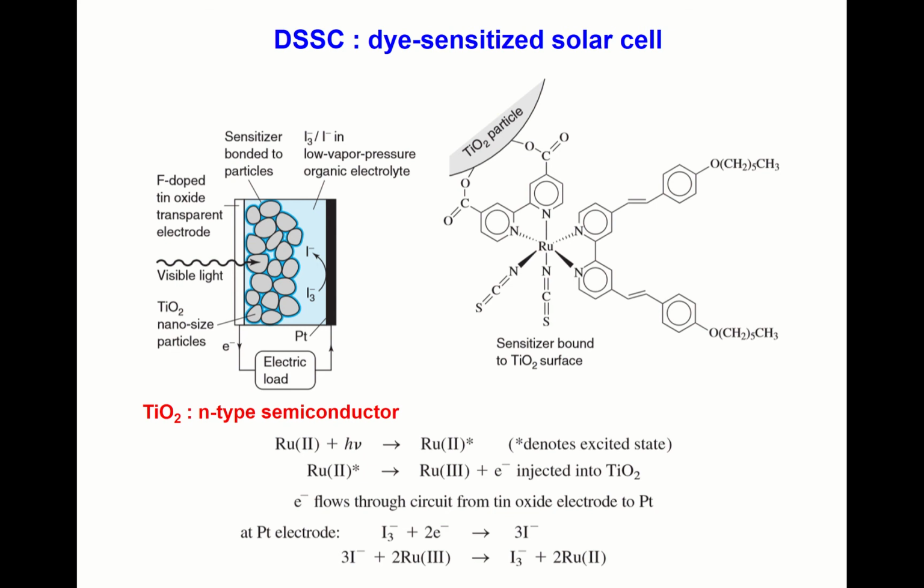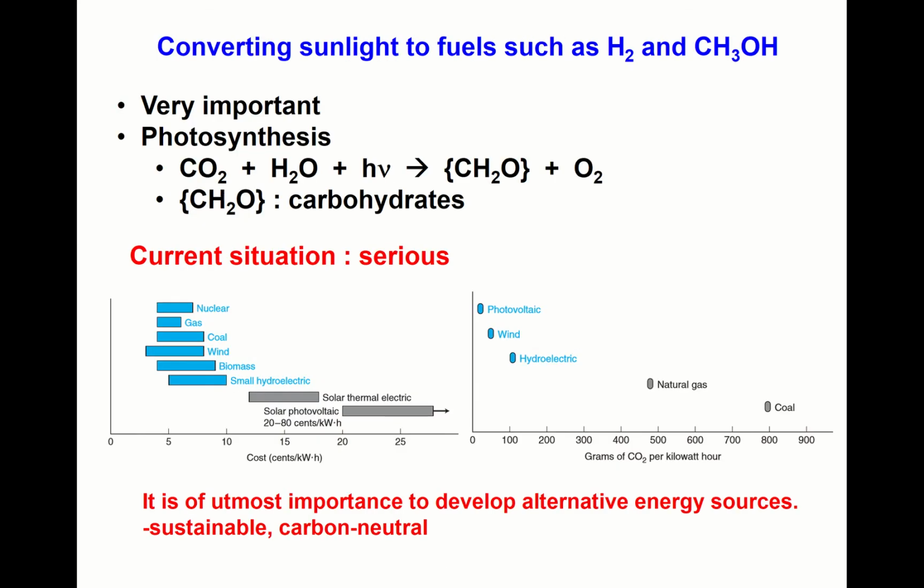Okay, anyway, converting sunlight or solar light to fuels, okay, not only to electricity but also to fuels such as hydrogen and methanol, is very important. Okay, that's very important. Yeah. Solar light is free. You know, every second a lot of solar energy impinges on the earth's surface.